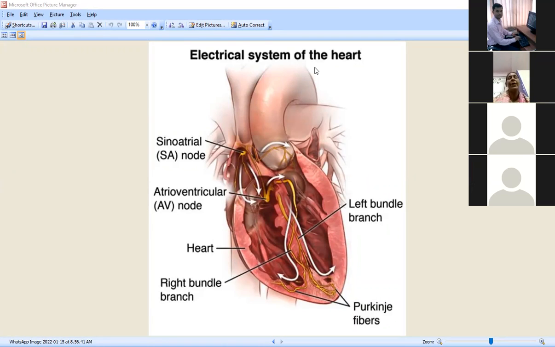If you are taking rest, at that time you don't need so much energy, so much oxygen, and the heartbeat may be 60, 65, like that. But if you are doing physical exercise, heavy work, at that time you need more oxygen, more energy as per your body requirement, and in this way your heartbeat will become more.